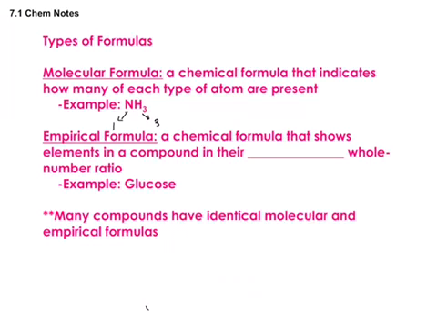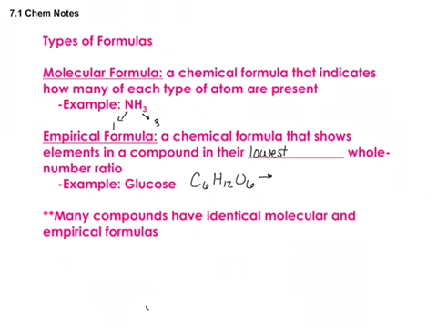The empirical formula is a chemical formula that shows elements in a compound at their lowest whole number ratio. So when we look at glucose, C6H12O6, this is not its empirical formula.